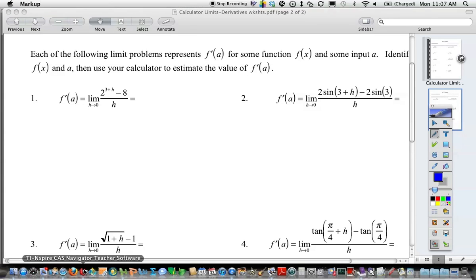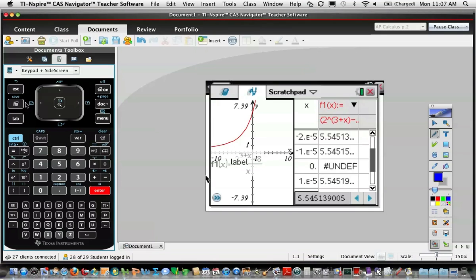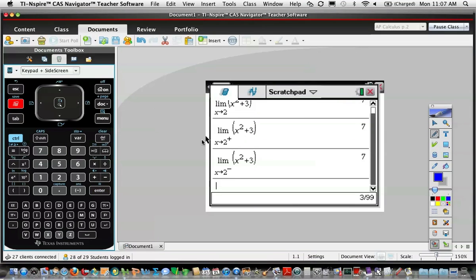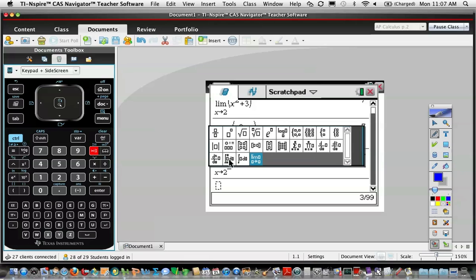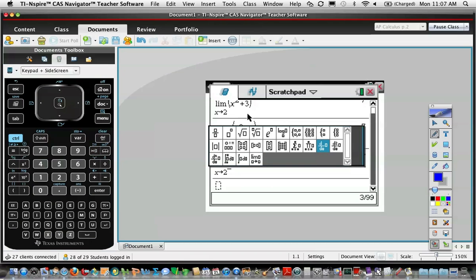Now I just want to check that second meaning of what we just said. We said that is the slope of 2 to the x at x equals 3. Now I'm going to do that for you real quick here on my calculator screen. Don't worry about doing this part.